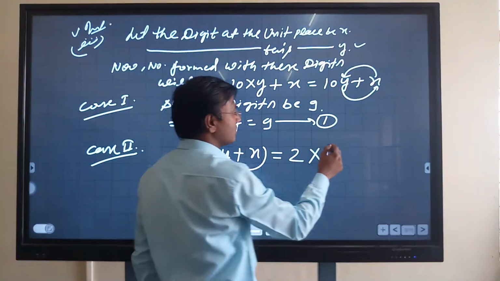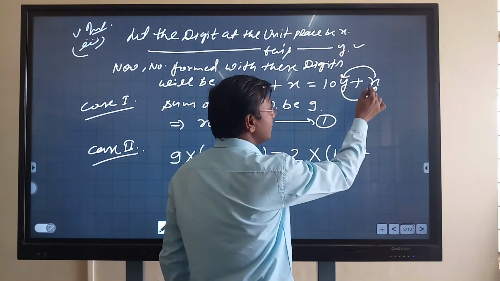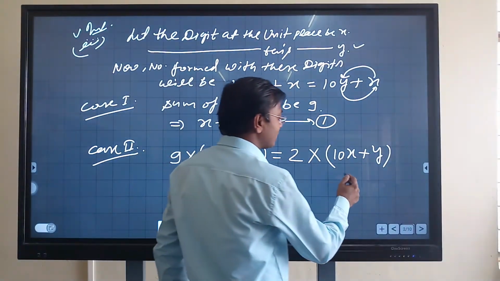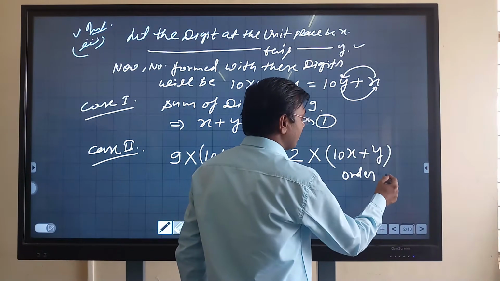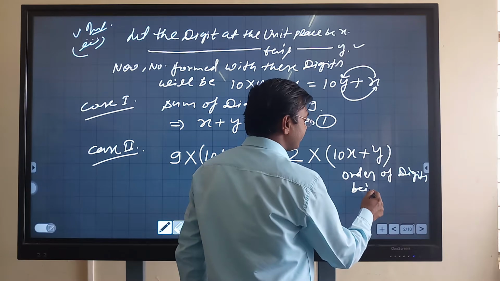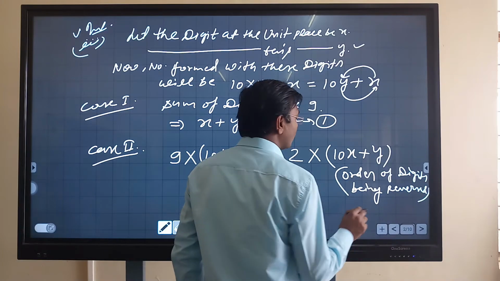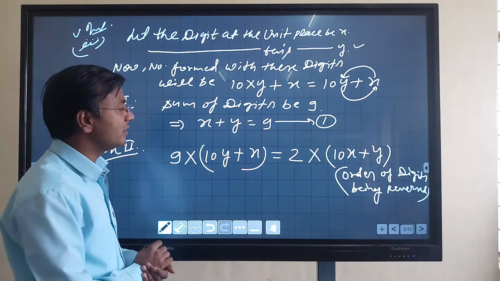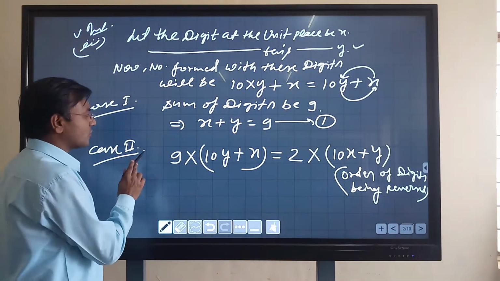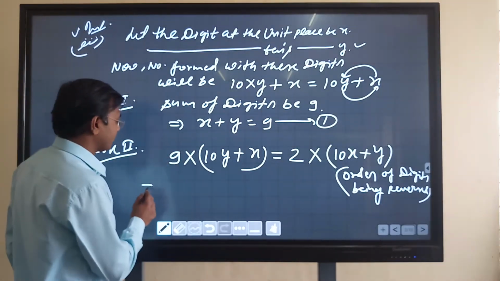So what will we get? We are replacing 10 into y, so we have to write x, plus, in place of x we have to write y, according to the question, that we are reversing the order of digits. You can even write 'order of digits being reversed', okay. And 2 times is given to the 9 times of the number according to the question. This is a very important condition that you have to understand and apply to the question.